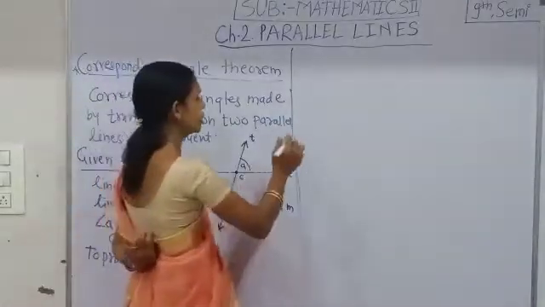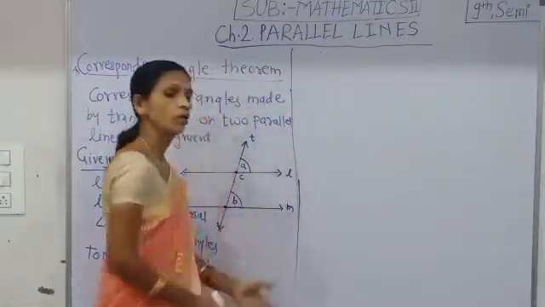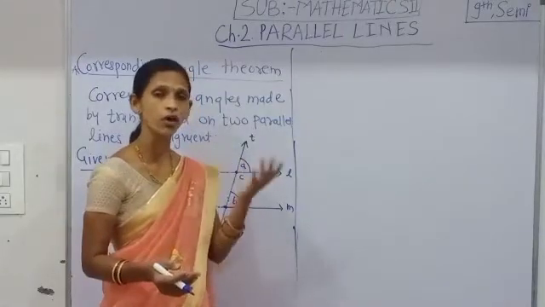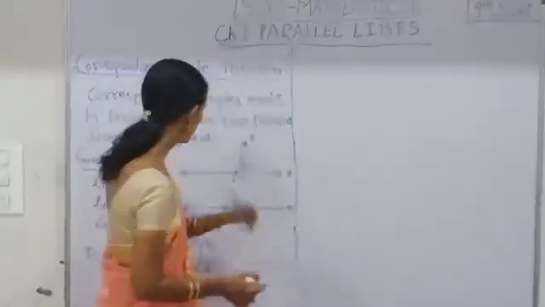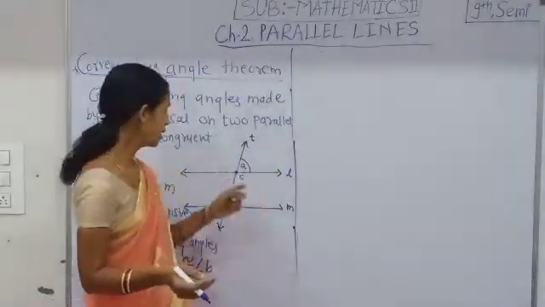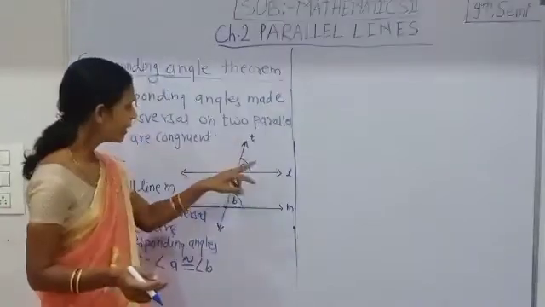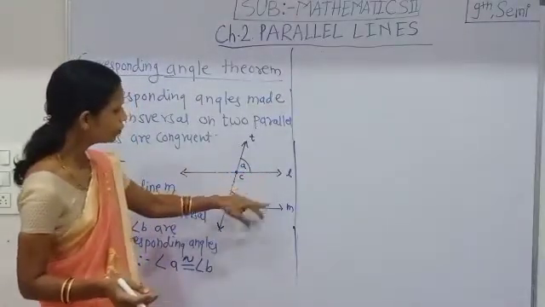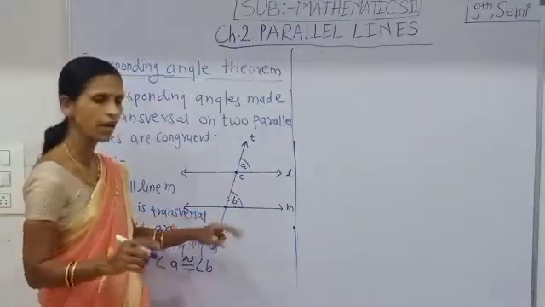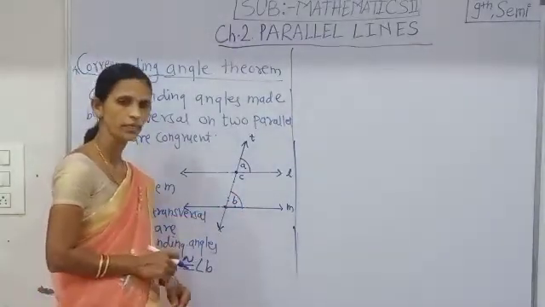To prove this property we have to use the property which we have already proved. We have already proved that the interior angles made by a transversal on two parallel lines are supplementary. That means the sum of interior angles is 180 degrees.